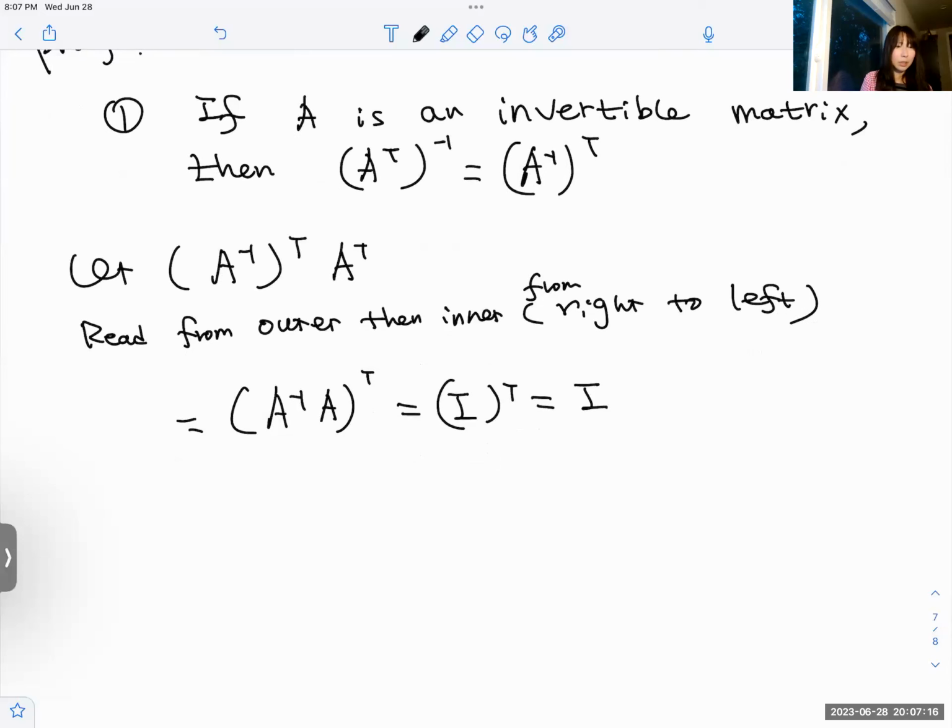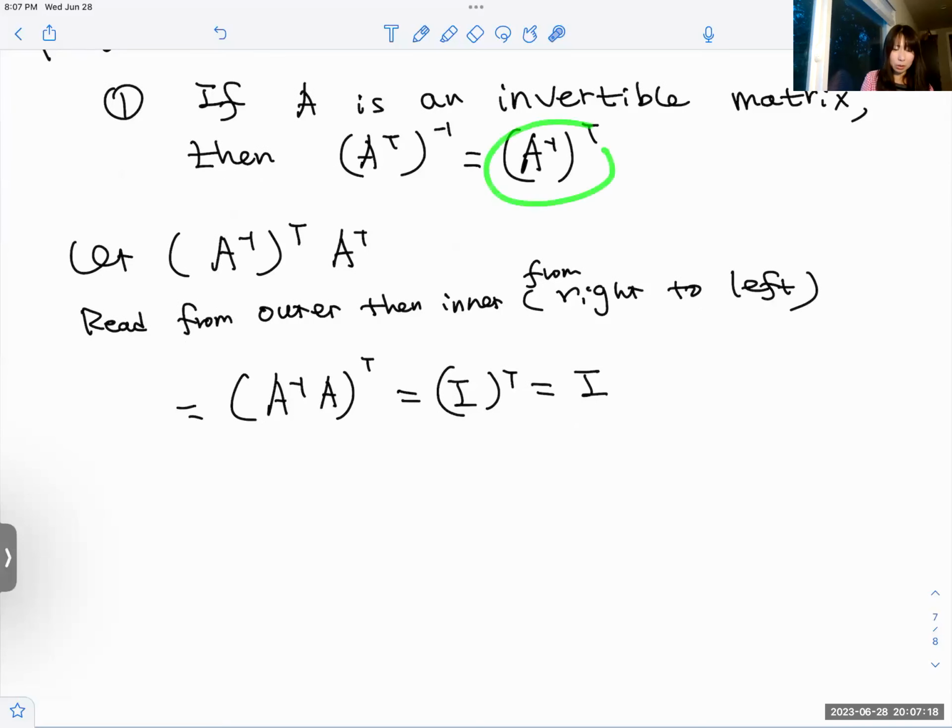Now let us show whether this one also gives identity, because I showed this one is identity. We read outer, so inverse.